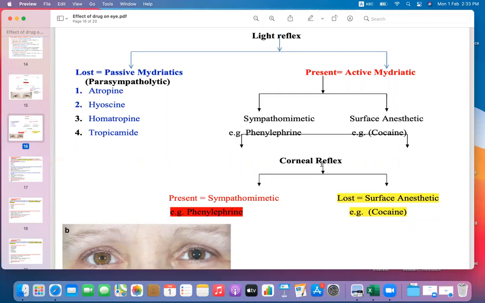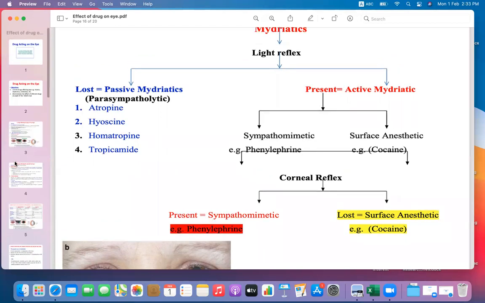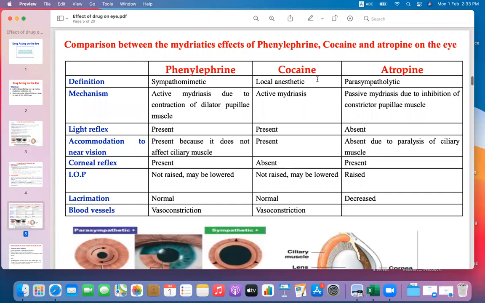The corneal reflex will be absent or lost with cocaine because it is a surface anesthetic, while the corneal reflex is present with phenylephrine, which is a sympathomimetic. So this is the main way to differentiate between phenylephrine, cocaine, and atropine.